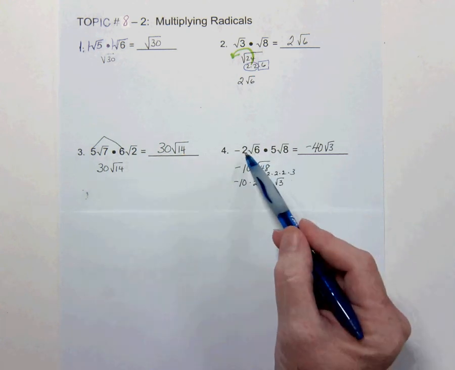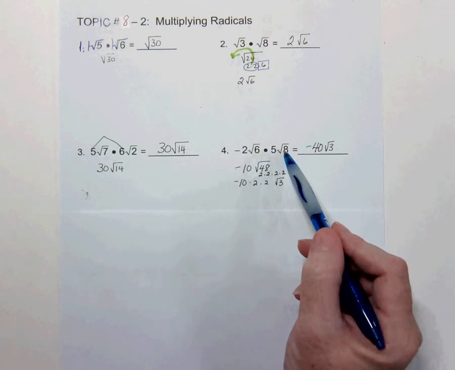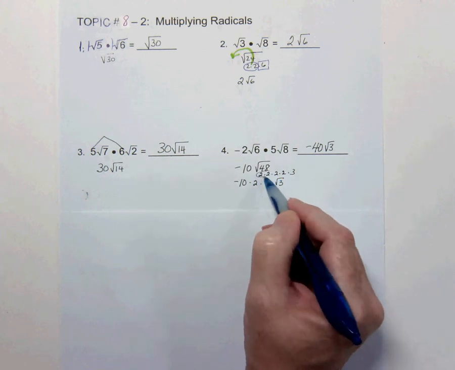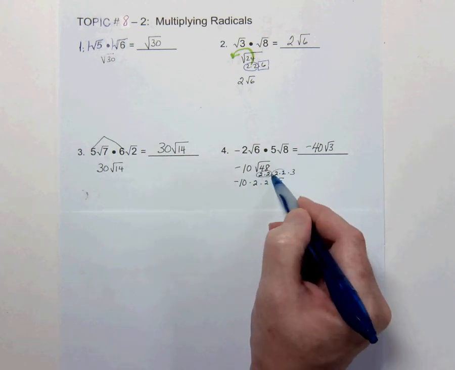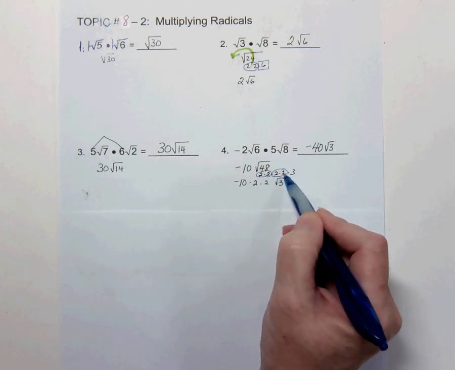Alright, look at this one. Negative 2 times 5 is a negative 10. 6 times 8 is 48. Well, you have a pair of 2's. 2 times 2 is 4. 4 times 2 is 8. 8 times 2 is 16.